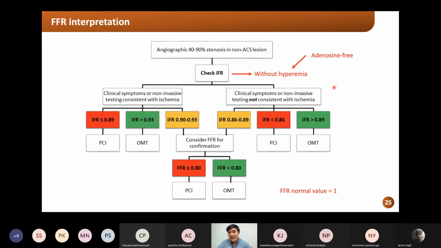And in case the iFR is greater than 0.93, those patients might not benefit from revascularization or PCI, and drug therapy or lifestyle changes may be preferred for that patient.